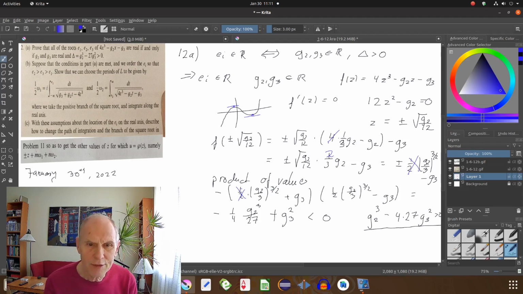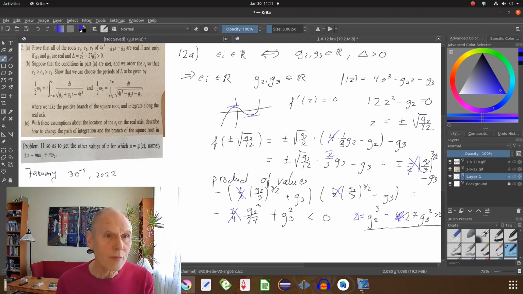And that means that this half is gone. So this one is gone, and this one is gone. So we do get the discriminant here. All right. So that was from the left to the right.